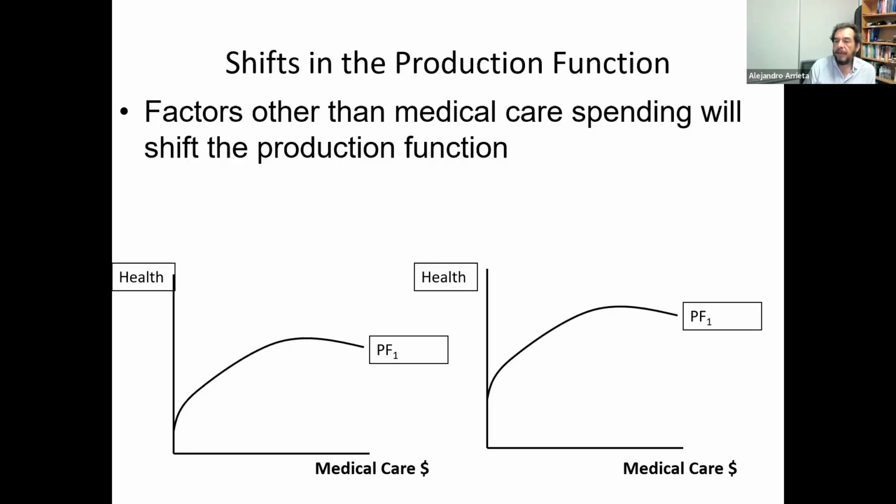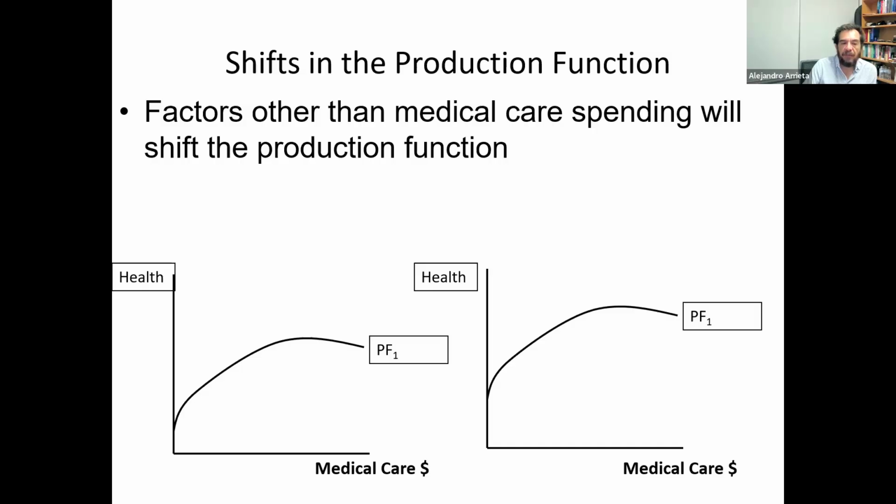But it reflects the same thing, the same basket of inputs. And again, health. So the shape is the same. Here we have this negative piece of the production function, right? But the important thing is the growing part and the flat part, eventually a negative part.